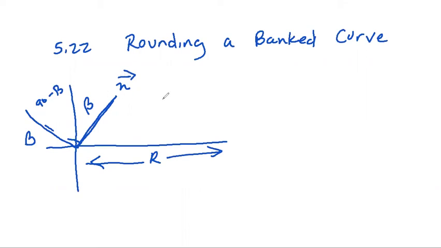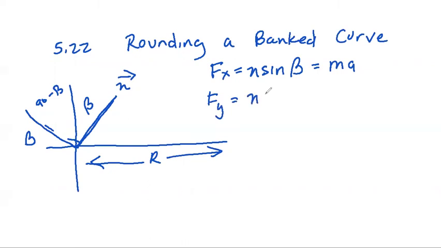So the horizontal component, F of x, equals N sine beta equals m a. And F of y equals N cos beta minus mg equals 0.